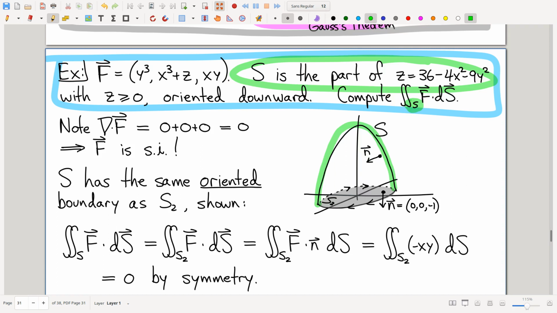This surface is not a boundary. It's like a bowl that's been turned upside down and the cereal spills out. Does that make sense? It's not closed. This is not a Tupperware. So Gauss's divergence theorem is off the table, and we just cannot apply it directly.